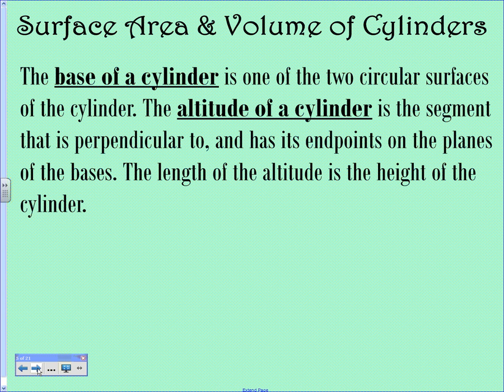The length of the altitude is the height of the cylinder.